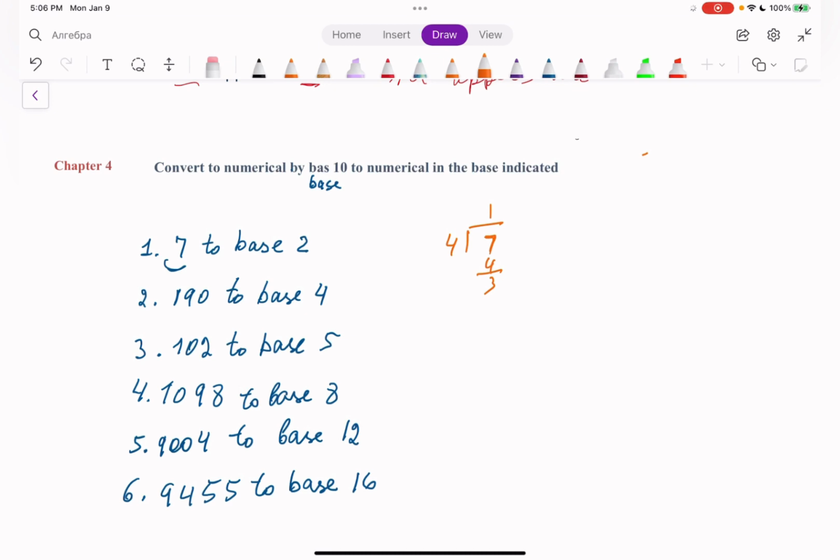Yes? Okay, now we are taking this remainder. This one is our first number in the answer. Now moving to the second one, we take this 3. Into 3, 2 to what degree is going to fit? 2 to the power 1, right? Because 2 to the power 2 is 4, beyond 3.